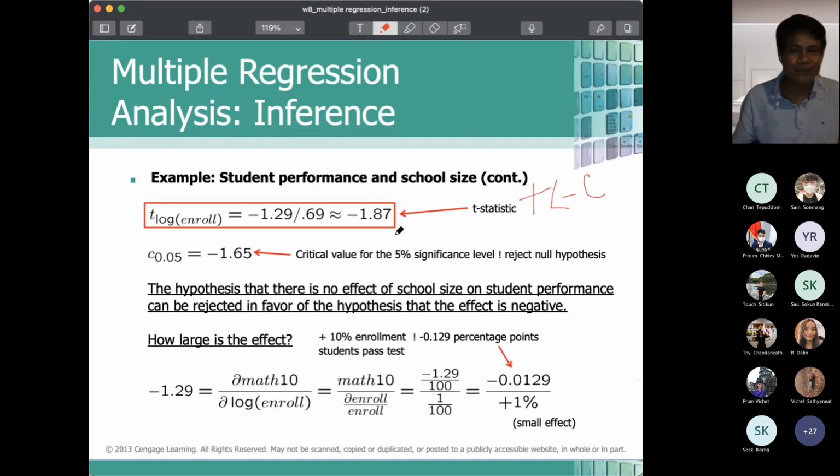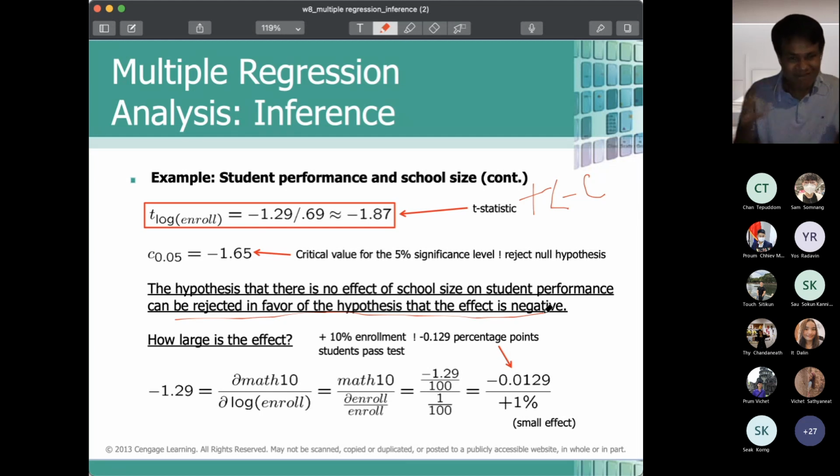But when we change to log, we get a t value lower than -6. This time, the hypothesis that there is no effect on student performance can be rejected in favor of the hypothesis that the effect is negative. See, the only difference is functional form.